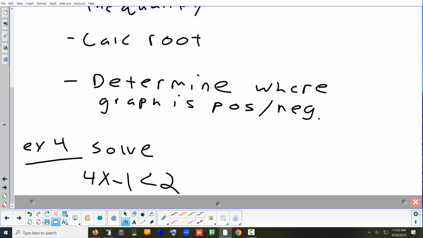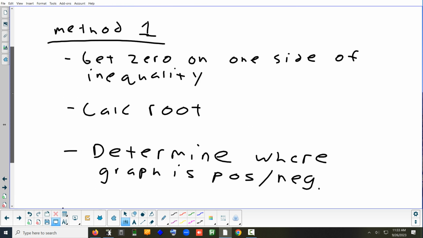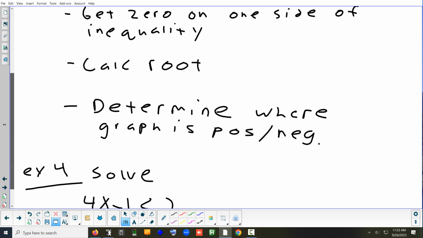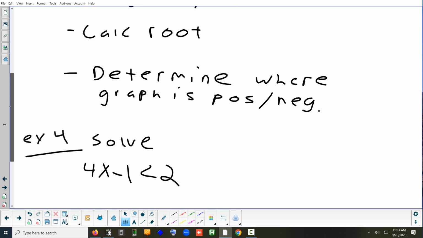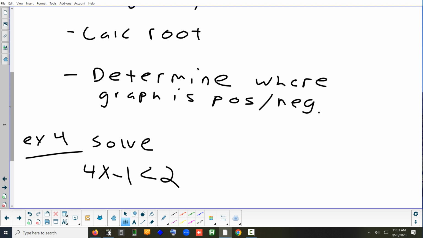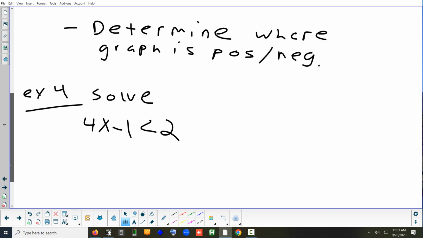All right, so let's try this one. And I know it's very simple. We could solve it without a calculator. But let's get everything on one side of the inequality. How would I get everything on one side? Add 1 to each side?